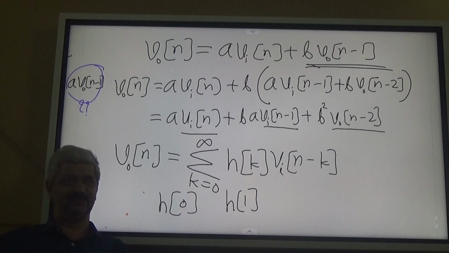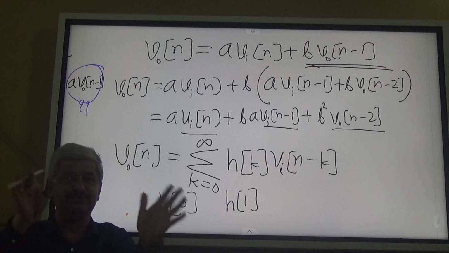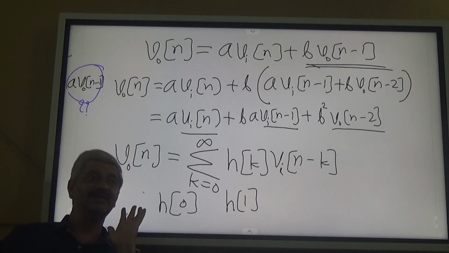HK, listen very, very carefully now. HK is the weight with which the input which occurred K samples ago is contributing in the current output. Is the idea clear?